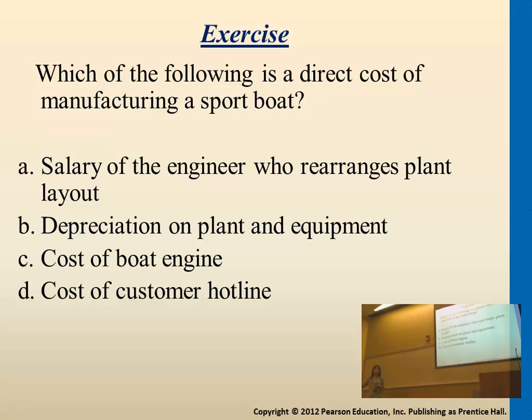Administrative offices is more related to that, operating expenses. Depreciation on plant and equipment is still manufacturing cost since it's on plant and equipment, but it's indirect cost, overhead. Salary of the engineer who arranges plant layout is indirect labor, since it cannot be traced to one particular item. Very good, so this one's cost of the engine.